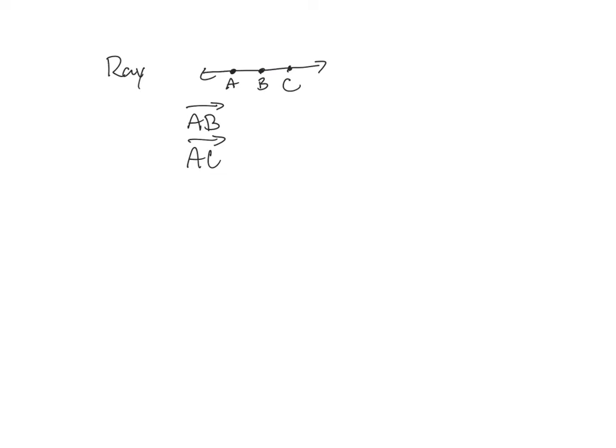Now when we did segments and lines, I said just reverse the order and you're good. It's completely different here. If I did BA like that, that means starting at B and going toward A. If I did AB in blue, it would be talking about here and going like that.